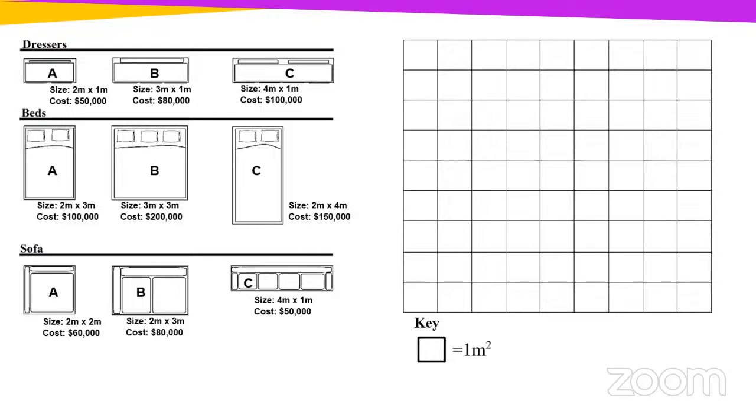Anybody can tell me what do you understand from that? Go ahead, Caleb. So I think that all of the squares inside the grid equal 1 square meter. So that's the key.